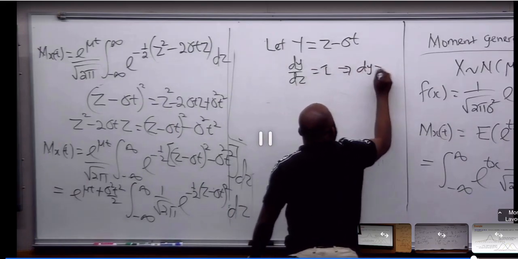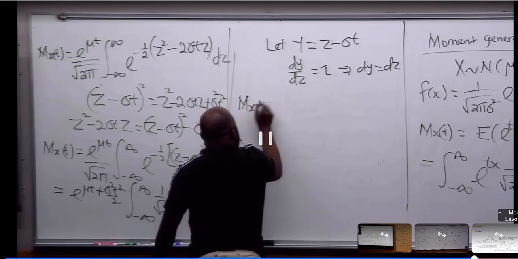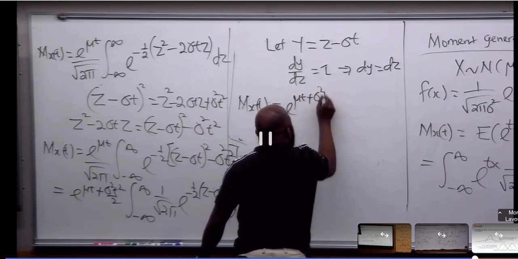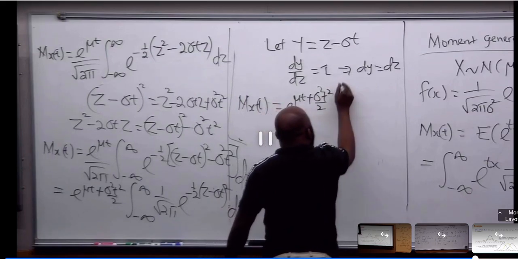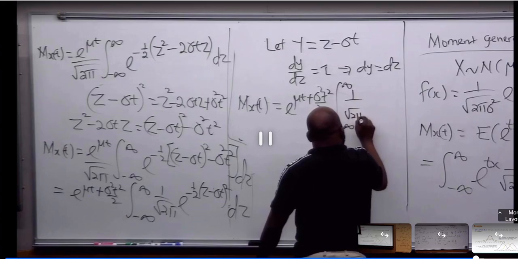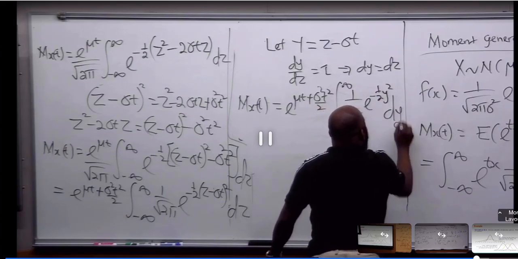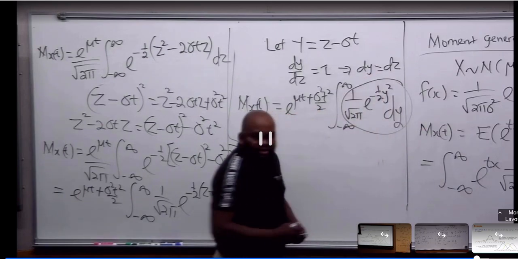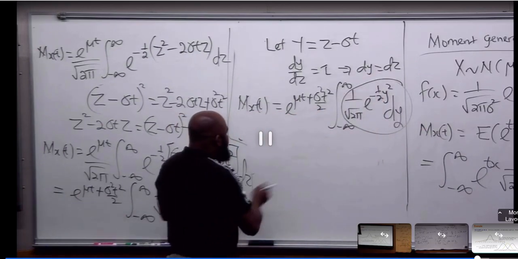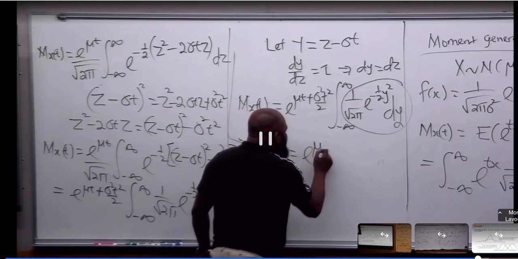So if you want to write that, M_X of t equals e raised to power mu t plus sigma squared t squared over 2, times the integral from negative infinity to infinity of 1 over square root of 2 pi, exponential minus half y squared dy. What is this? That is the standard normal distribution, and the integral is 1. So finally, the moment generating function of a normal distribution anywhere in the world is this.